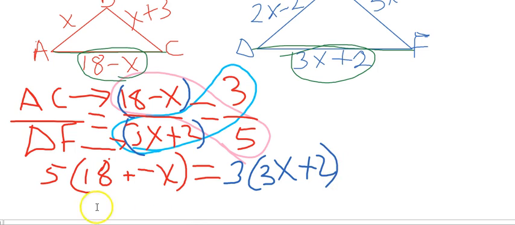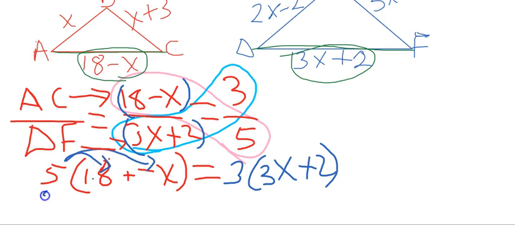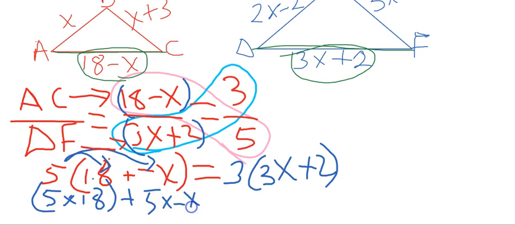Okay, so what we get here is a linear equation with variables on both sides, right? And we're used to solving this kind of equation. So we have to distribute. Distribute 5 to both terms. So this is 5 times 18 plus 5 times negative x.